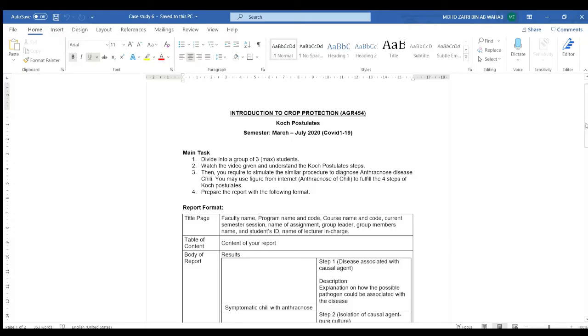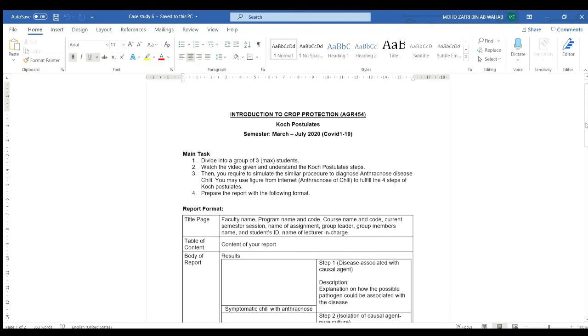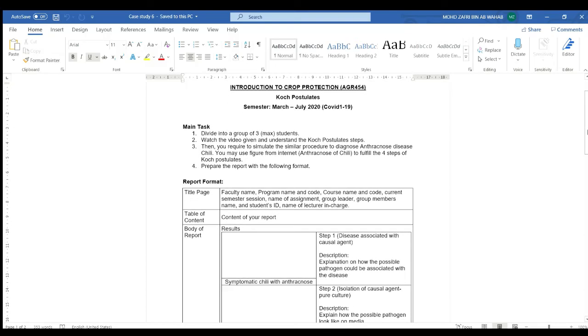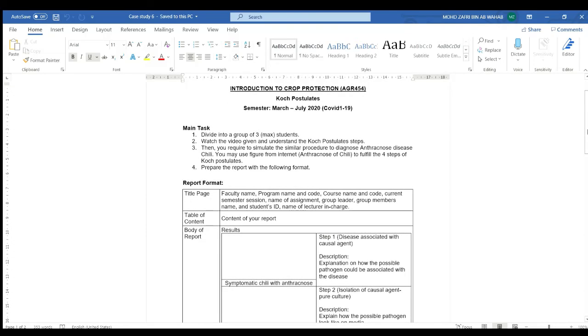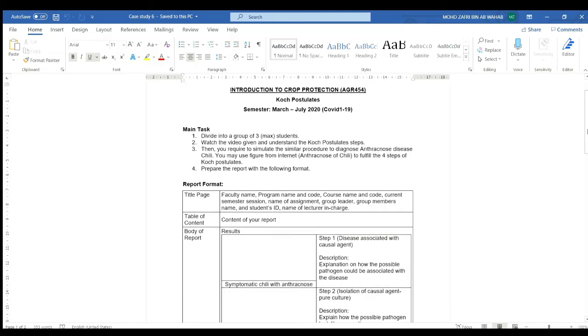So make sure before you write the report, you watch the video given or the video uploaded in iLearn, and then you have to understand the Koch's postulate steps. Then you are required to simulate a similar procedure to diagnose anthracnose disease of chili.